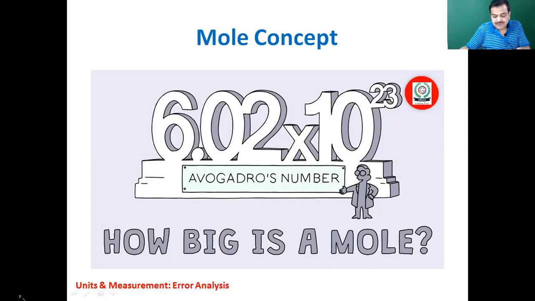The Avogadro number and the mole concept should be clear to all of you. आपको इसके बारे में अगर कुछ पता है तो बताइए. Any one of you want to share what mole concept means and what the Avogadro number is? Okay, let me start then.